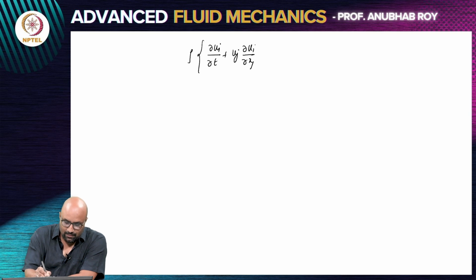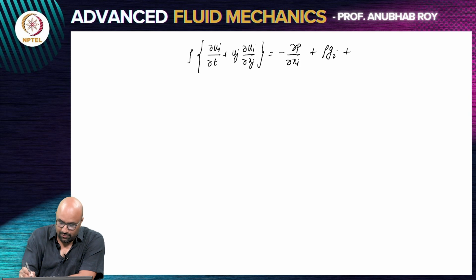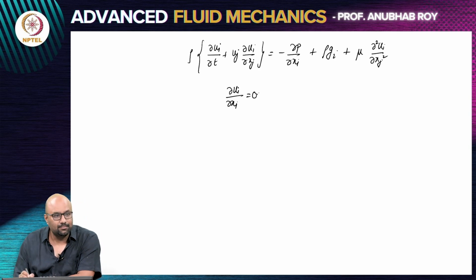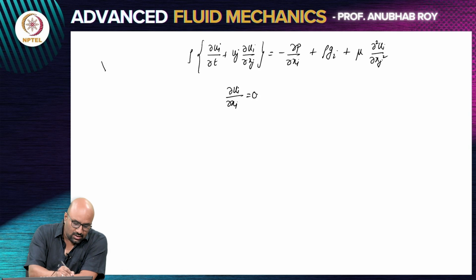So, we go back to that same equation. I am going to use gravity as my body force, and I am focusing on incompressibility, which means I have an additional equation which is the following. So, this is my Navier-Stokes equation.